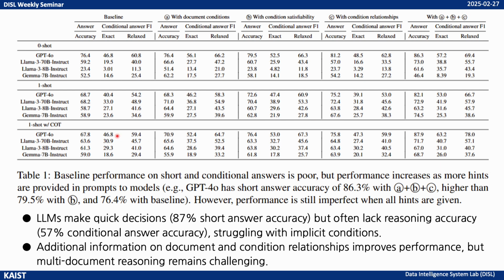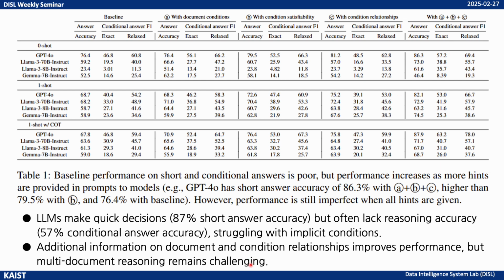So this result shows that LLMs make quick decisions, achieving 5-7% accuracy in short answer accuracy, but often lack reasoning accuracy, like to find the conditional answers, which means that they struggle with implicit conditions.